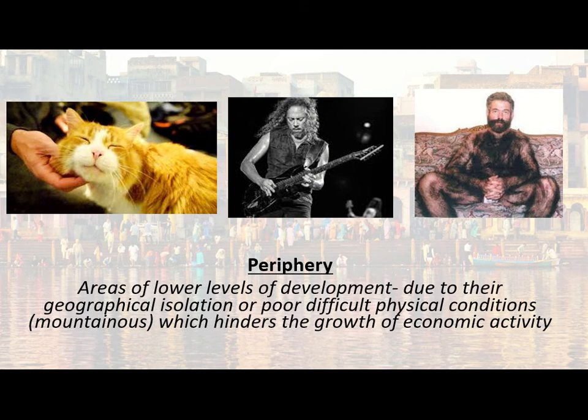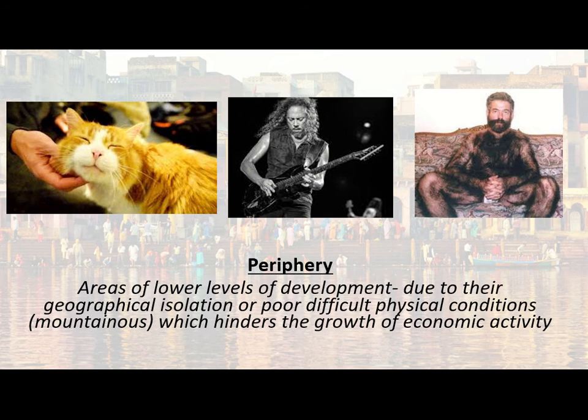So if you think of Rajasthan in the northwest of India, which is a desert, that is a very difficult physical condition to grow crops, and therefore industry is not going to develop there. You've got the mountainous areas in the north as well, of Kashmir, etc. Now, all of those factors hinder the growth of economic activity.